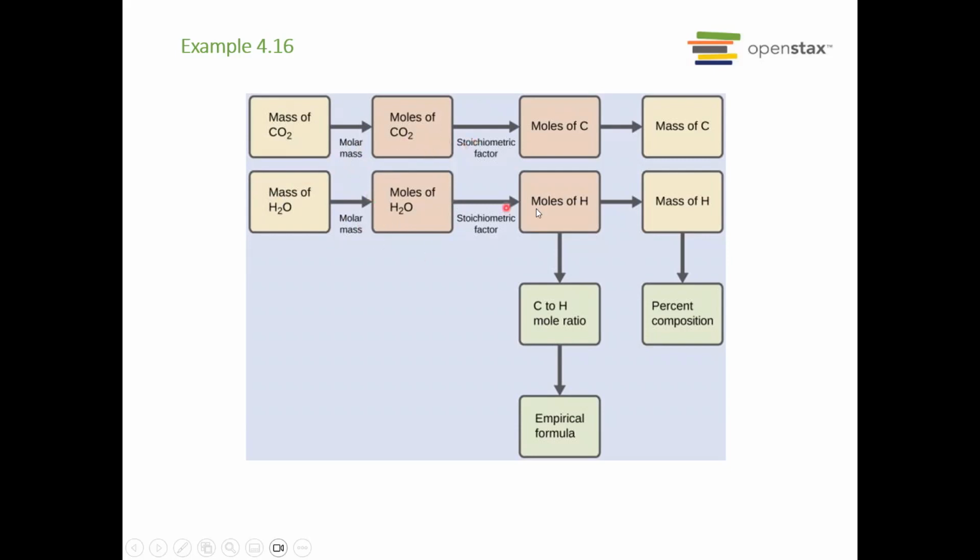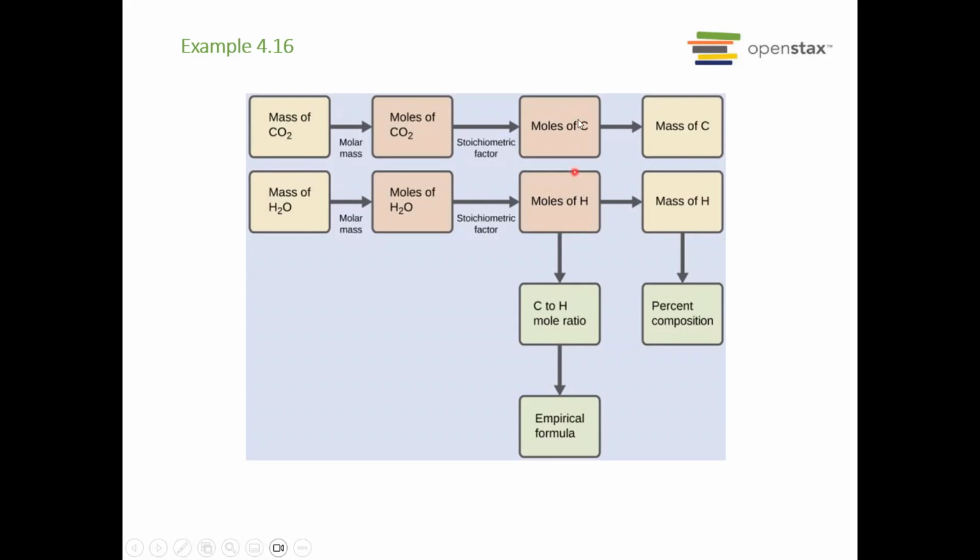Then based on the balanced chemical reaction, or actually in this case, we don't need the chemical reaction here, so normally stoichiometric factors look at the chemical reaction. But in this case, we're just going to think about it. For every 1 mole of carbon dioxide, we're going to get 1 mole of carbon. And then with the water vapor, for every 1 mole of water, we're going to get 2 moles of hydrogen.